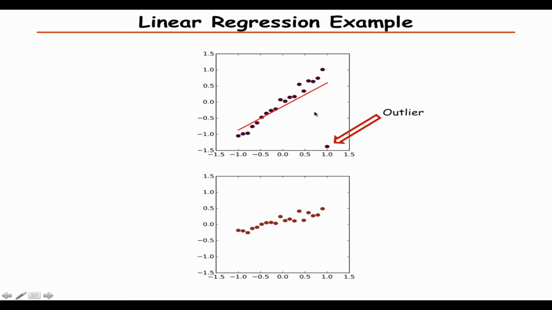If we now do a linear regression on this data, we see that the line is not going to be very good. This is the disadvantage of the least squares method: it is very sensitive to outliers.